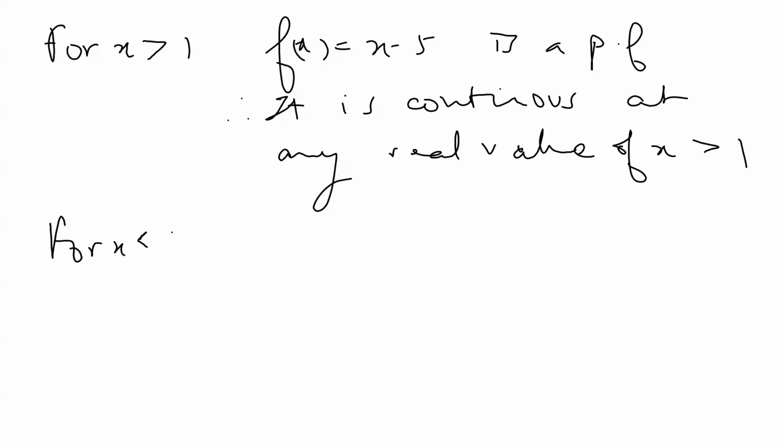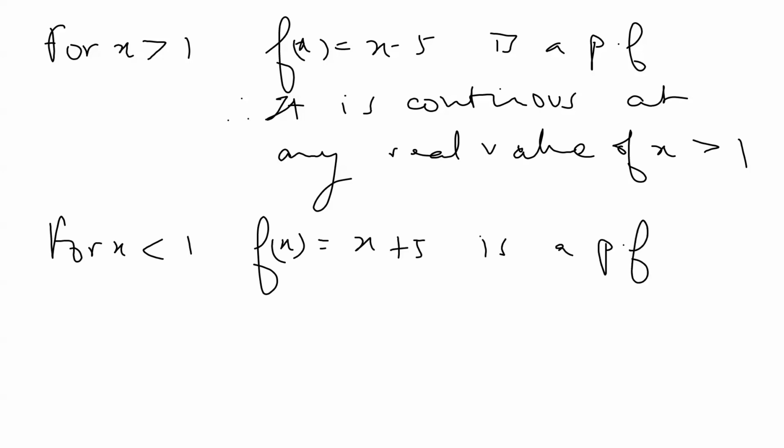For x less than 1, f of x is equal to x plus 5, which is a polynomial function. Therefore, it is continuous at any value of x which is less than 1.